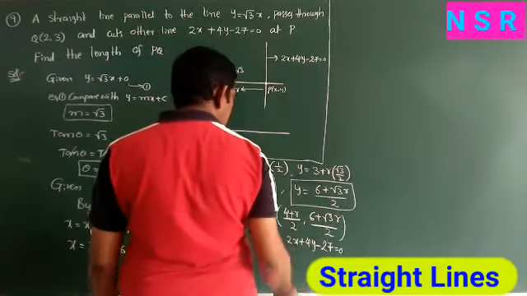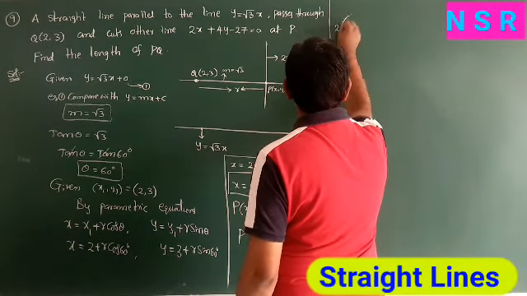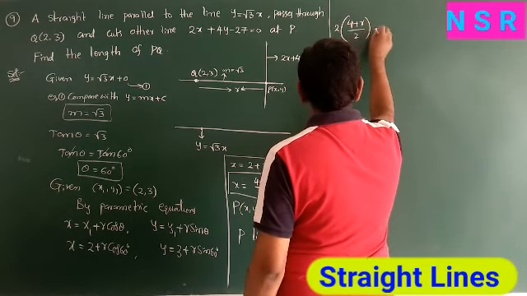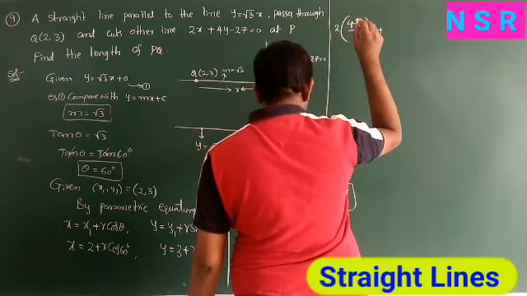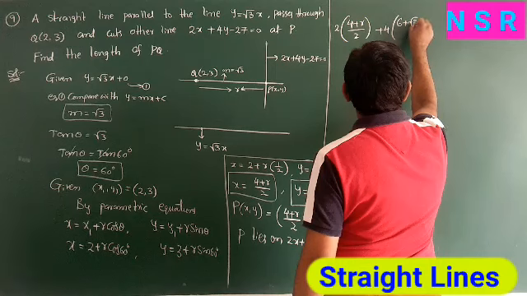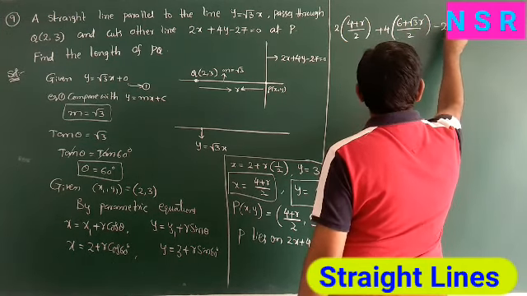So P lies on 2x + 4y - 27 = 0, then it becomes 2 into (4 + r/2) plus 4 into (6 + root 3 r/2) minus 27 equal to 0.